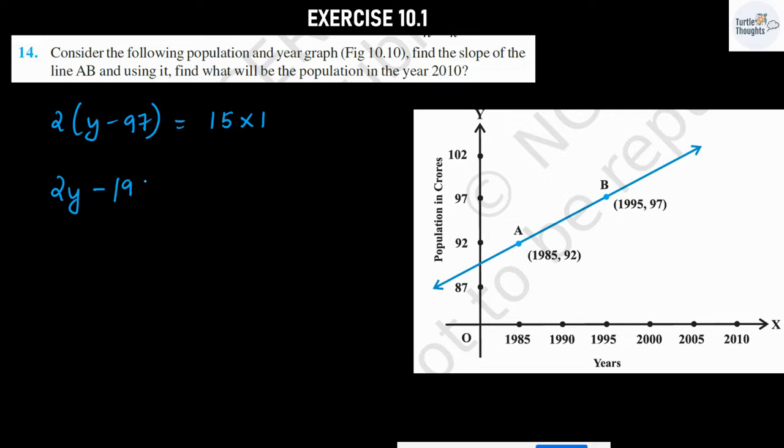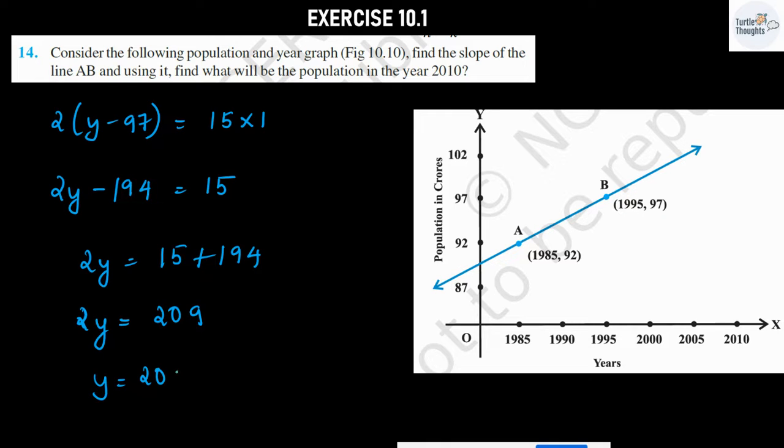Yes, so it is going to be 2y minus 194 is equal to 15. Now 2y can be written as 15 plus 194. So I can write 2y as 209. Right? So the value of y is 209 divided by 2, or you can write that as 104.5.